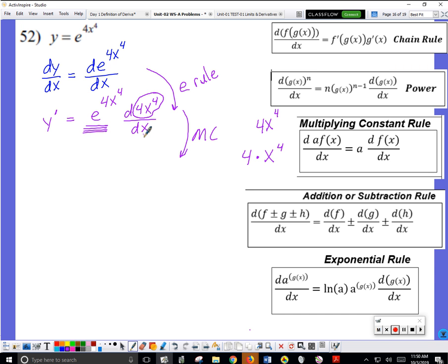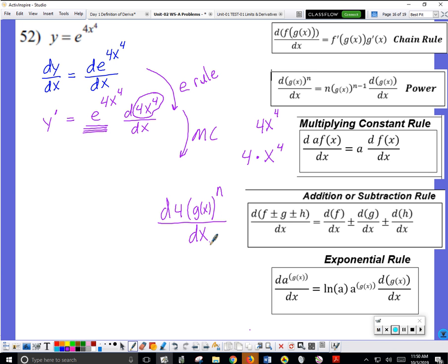The power rule doesn't have a little space in here for a 4. The power rule would have to look like this, and we'll actually do this later. That's what the power rule would have to look like. The 4 is making it so we can't use the power rule.